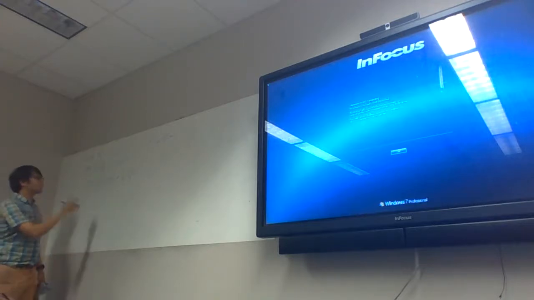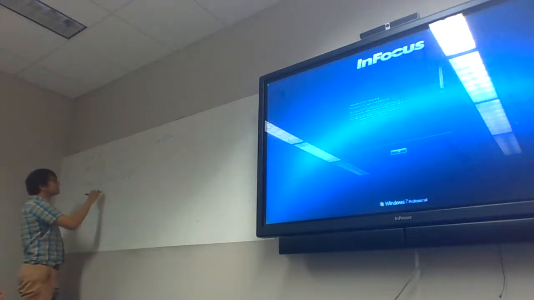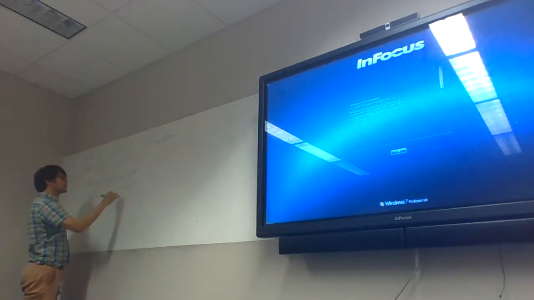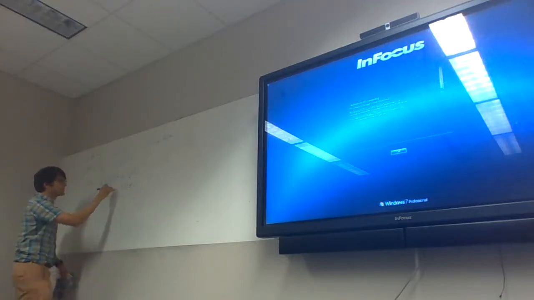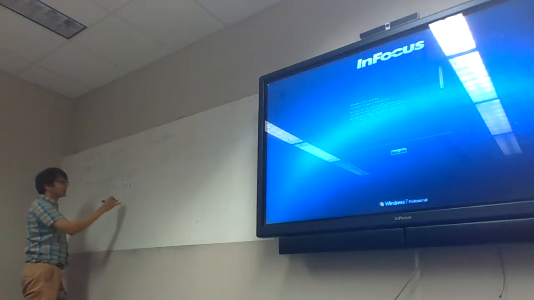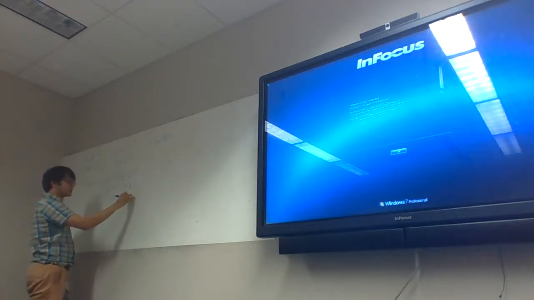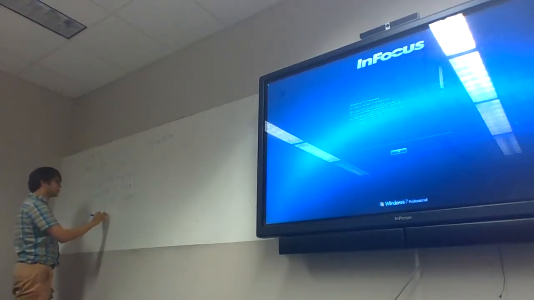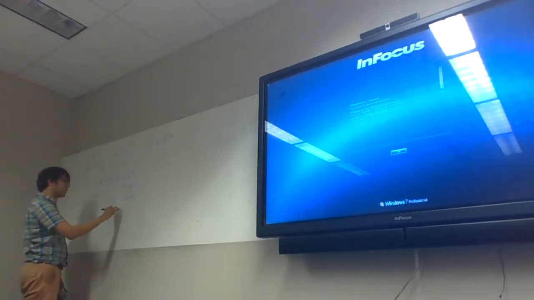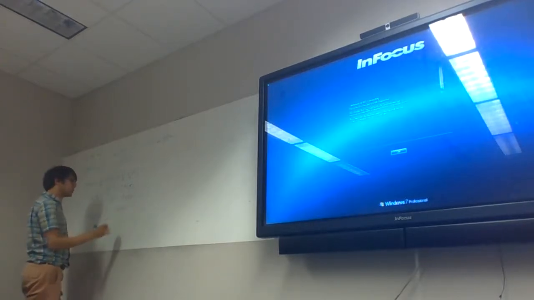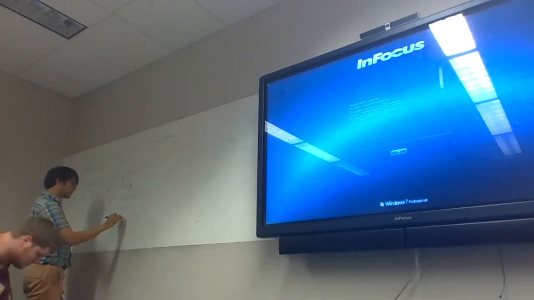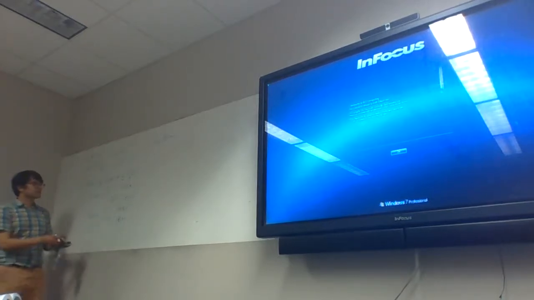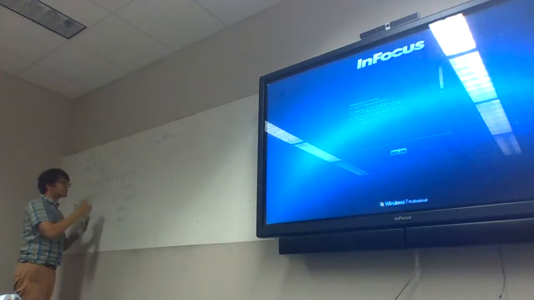So x1 of t is equal to 1 for t less than or equal to 1, 0 for t greater than 1, and x2 of t is equal to 1 for t less than or equal to 1, and 0 for t greater than 1.